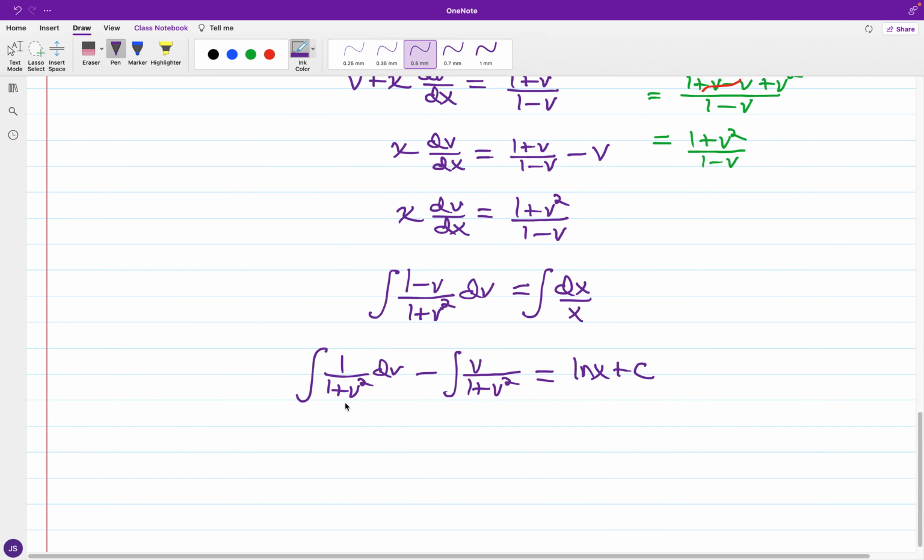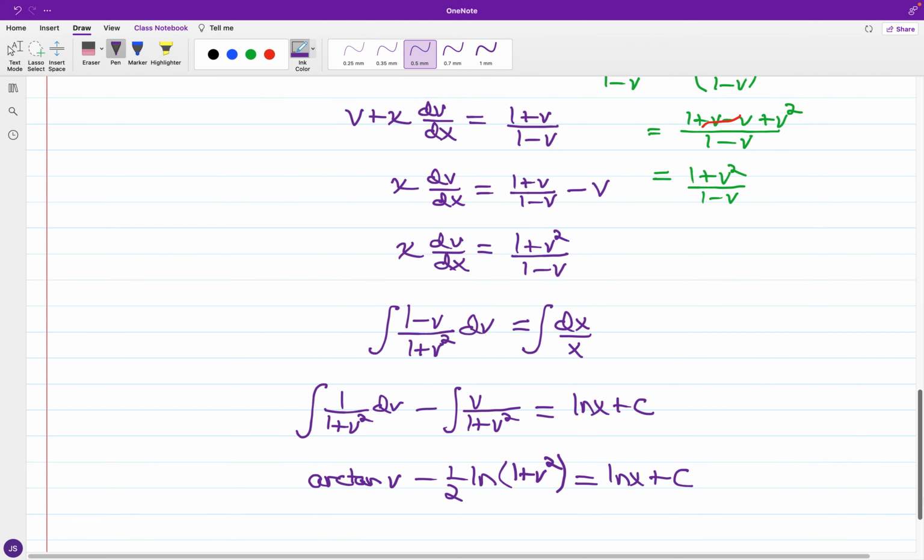Okay, so we now have for 1 over 1 plus v squared, that is going to be the arctangent of v, and then we're going to have minus 1/2 the natural logarithm of 1 plus v squared is equal to the natural logarithm of x followed by the constant.